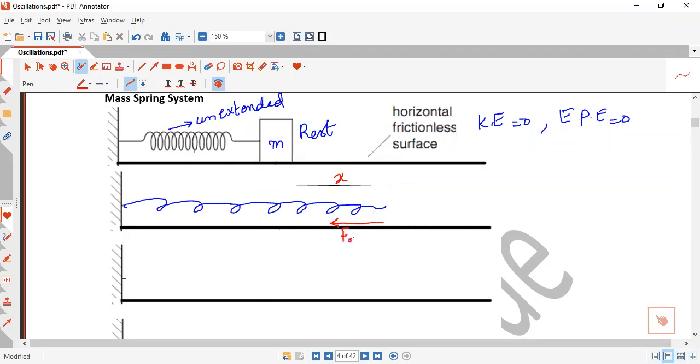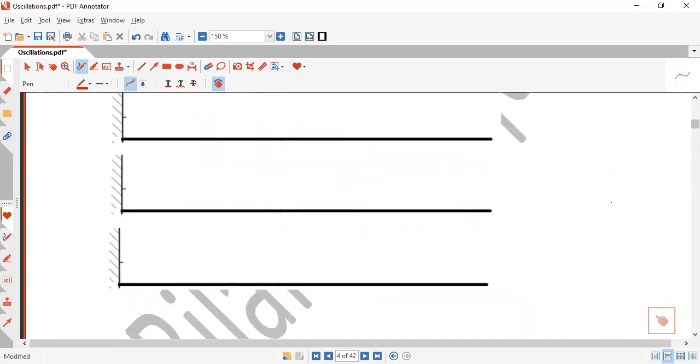So here will be the restoring force. Here is the mass M, here is the applied force, right? Let's say the mass is still at rest, so kinetic energy is still zero. But as there is extension, there will be elastic potential energy, which will not be zero. It will rather be maximum, right?